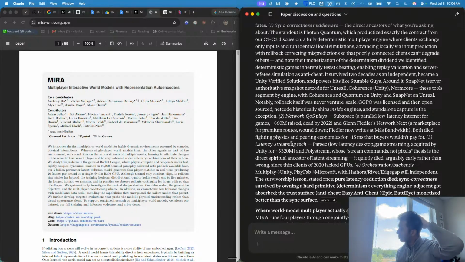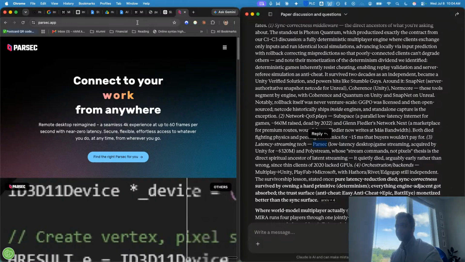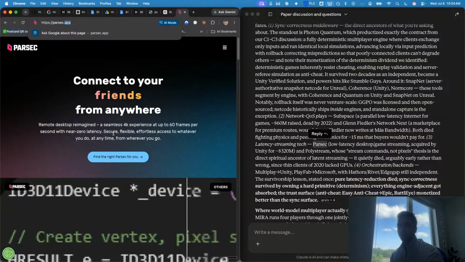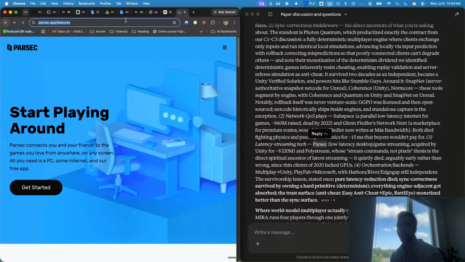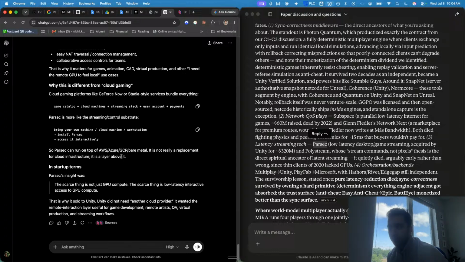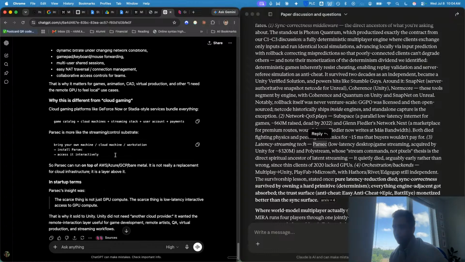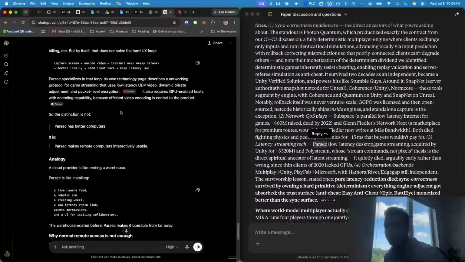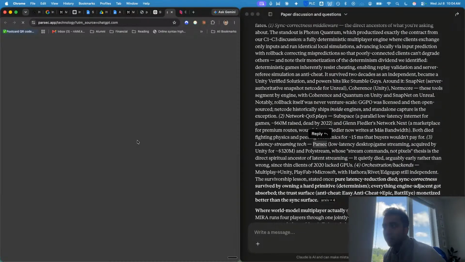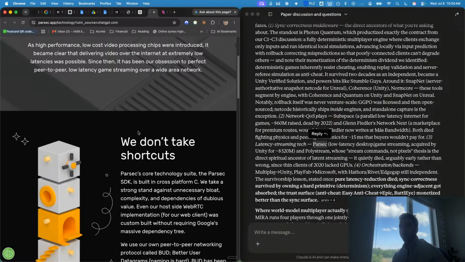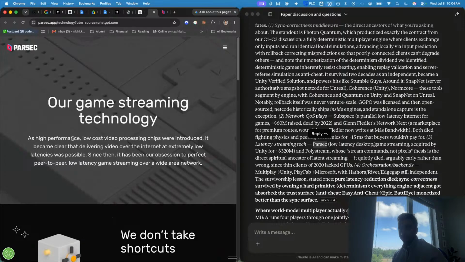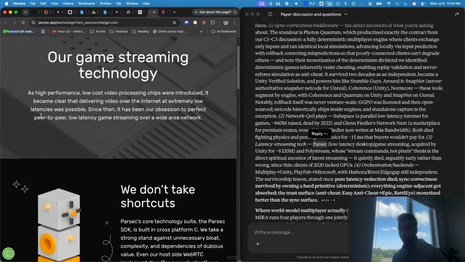And their value proposition is, well, we created this highly optimized networking stack to stream those pixels efficiently. Let me show you. Let's see. Yeah, this thing. That's peer-to-peer.